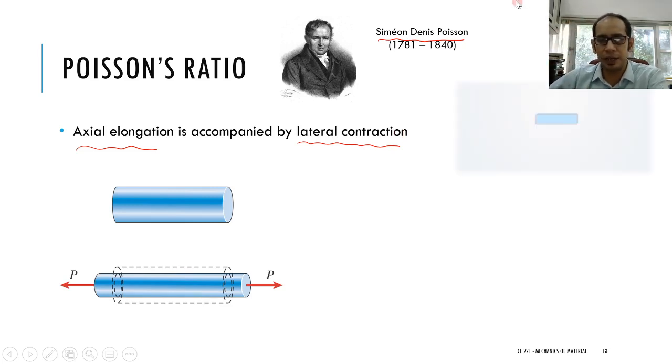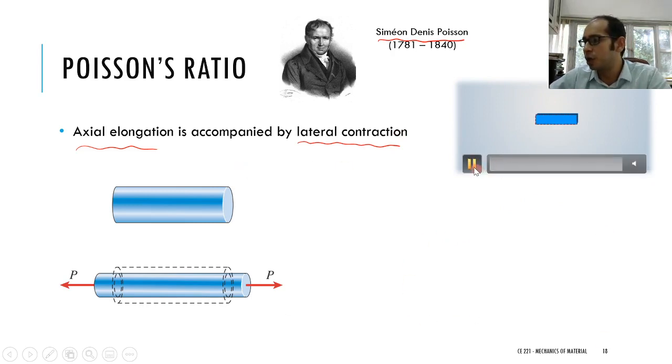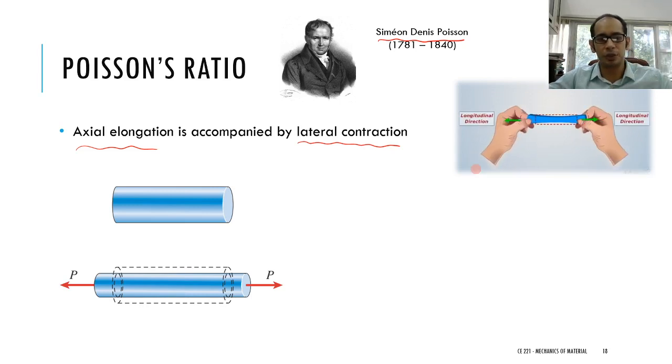For instance, in this video, you have the longitudinal direction, you are pulling it, right? And because of this, you will have this lateral contraction, which you can maybe see in this particular diagram as well.